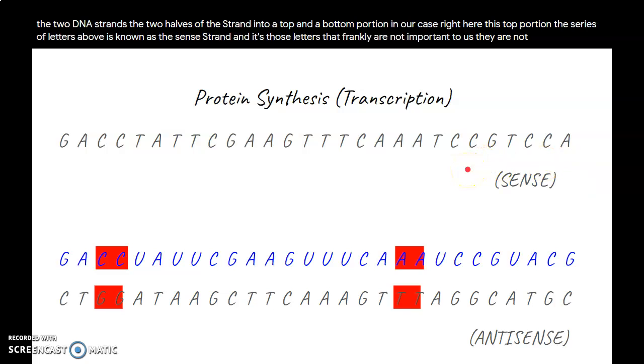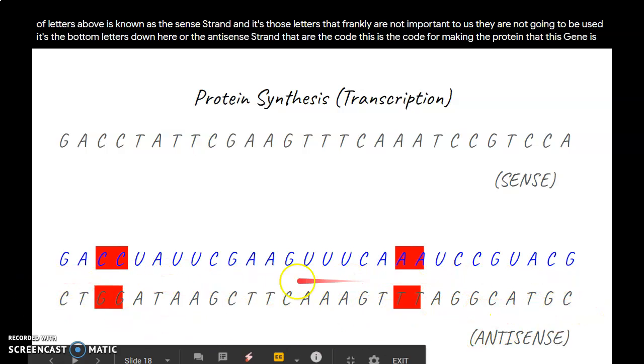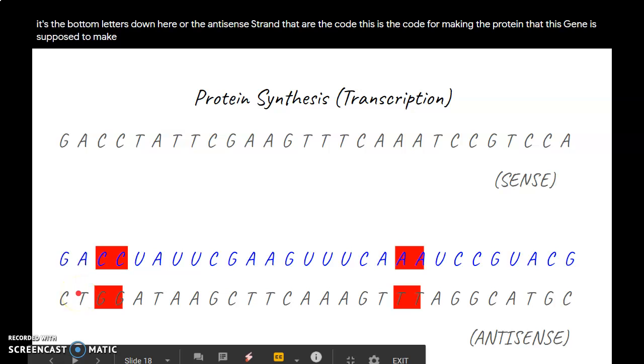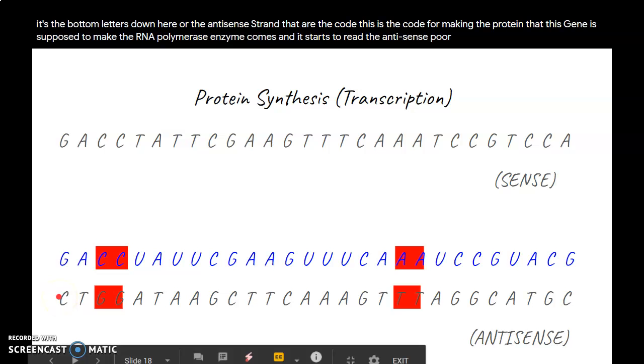They are not going to be used. It's the bottom letters down here, or the antisense strand, that are the code. This is the code for making the protein that this gene is supposed to make. The RNA polymerase enzyme comes and it starts to read the antisense portion of the DNA.